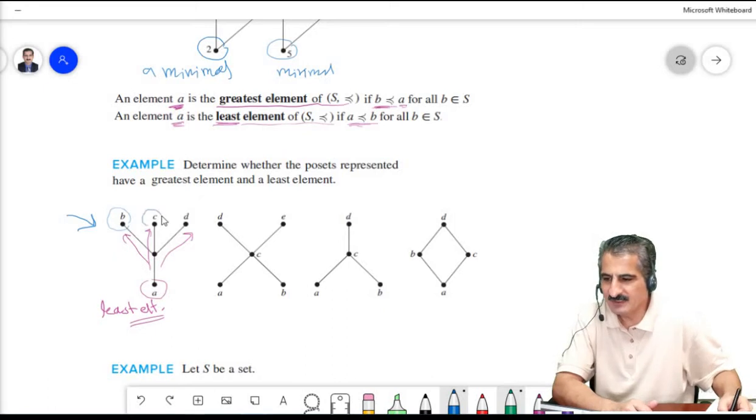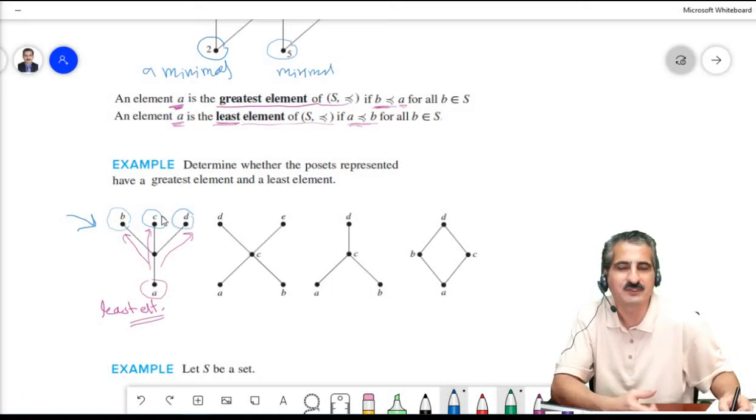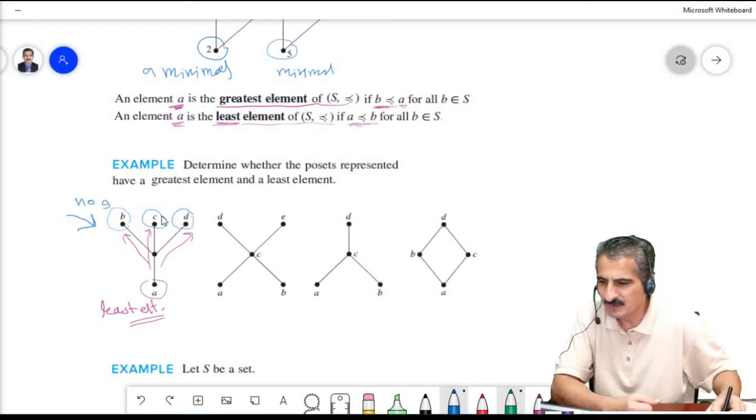And same thing for C. C is not greater than B or D. D is not greater than C or B. So no greatest element here.